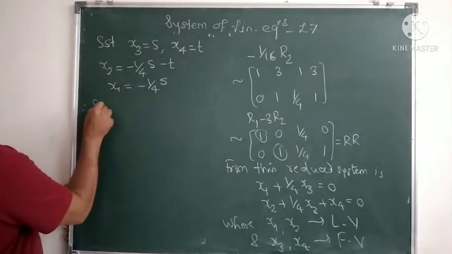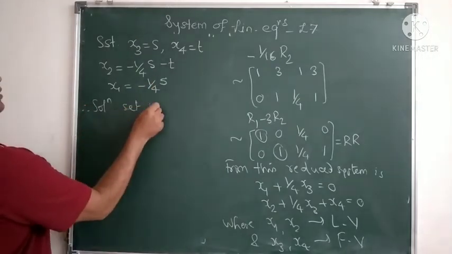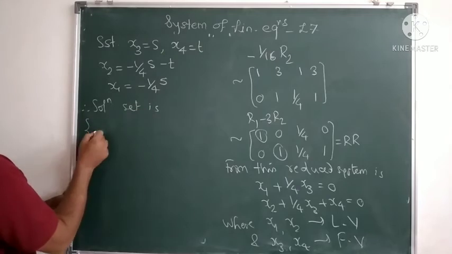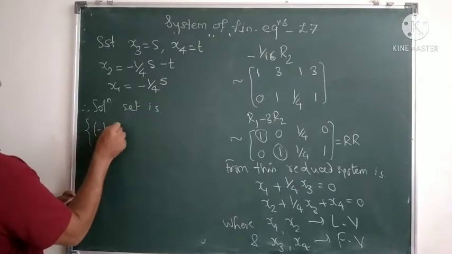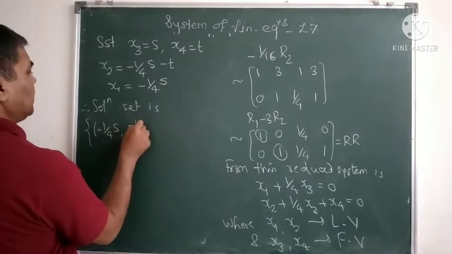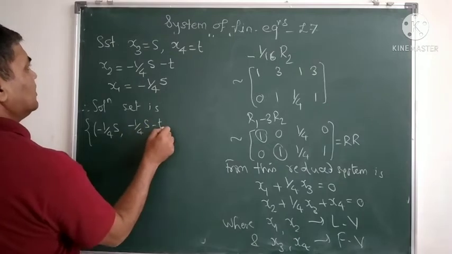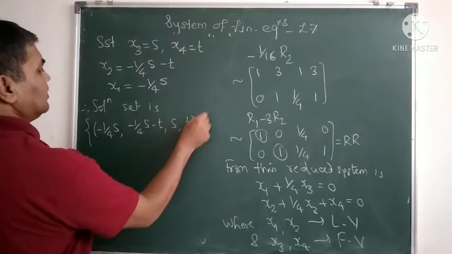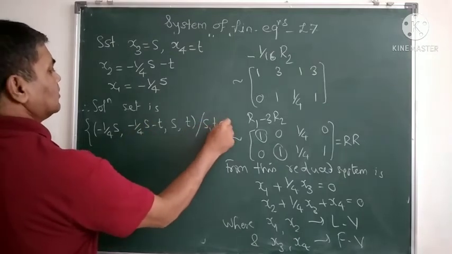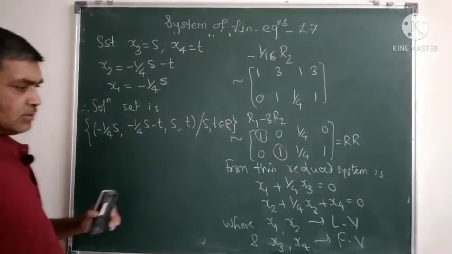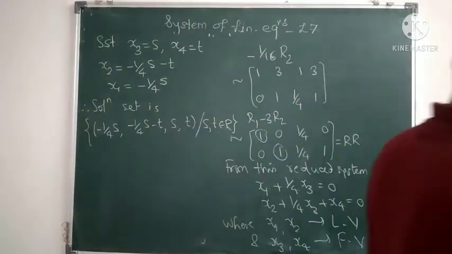Therefore the solution set is (minus 1 by 4 s, minus 1 by 4 s minus t, s, t), s, t belongs to R. This is your solution set.